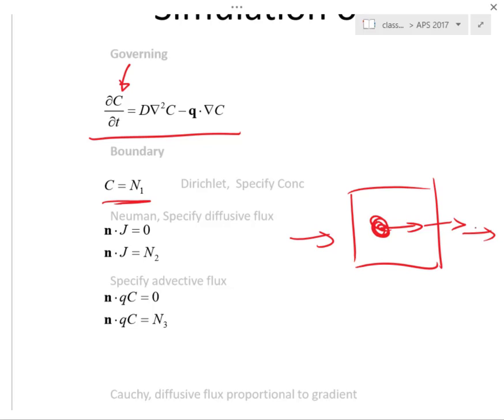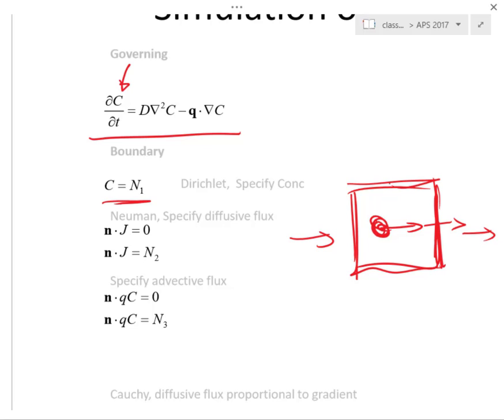What we do, though, is we say the diffusive flux at this boundary is going to be 0, and that's assuming that it's dominated by advection. So if we have some flow and we're just allowing it to advect out, and that's really the dominant process, then we say the diffusion across that boundary is 0.